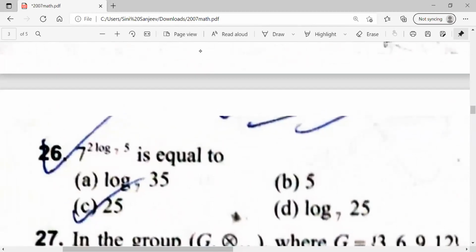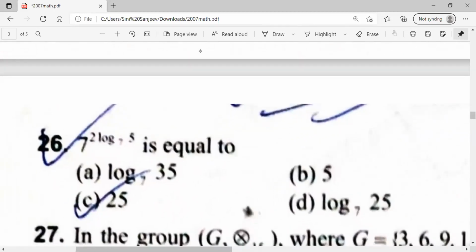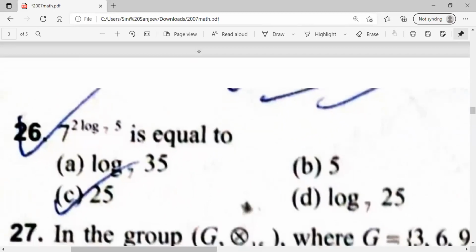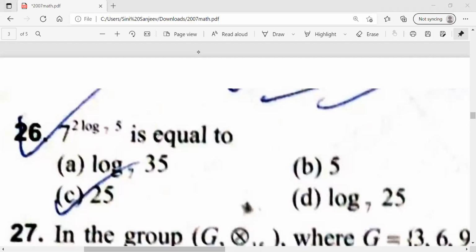The 26th question is 7 power 2 log 7 to the base 5 is equal to what? Yes, correct. Pradeep, could you please send me the pic? I'll verify the same. This is a very direct question actually. Logarithm.